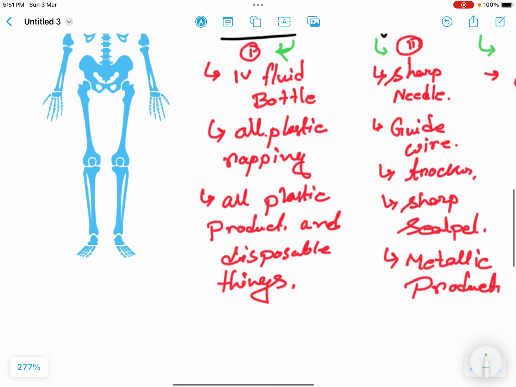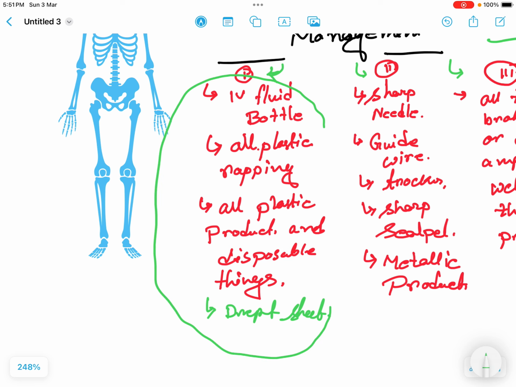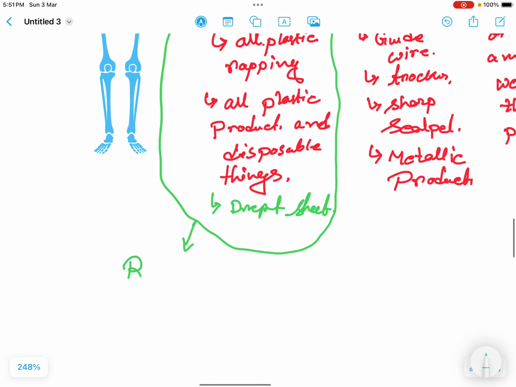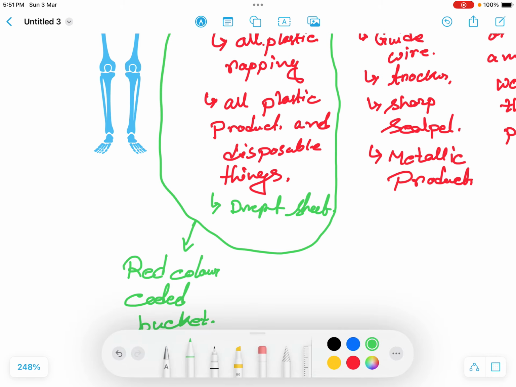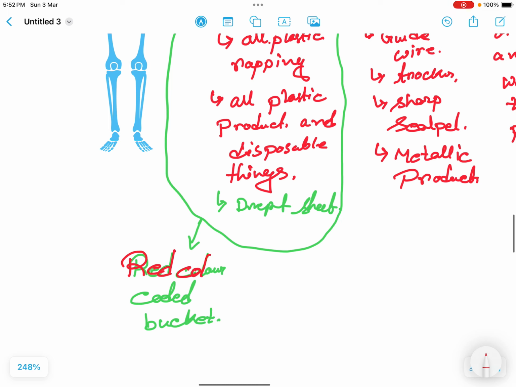So all the plastic and all the IV fluid bottle, plastic wrapping, and all the plastic product and disposable things, as well as draped sheet, all this type of product would go in the red color coded bucket.